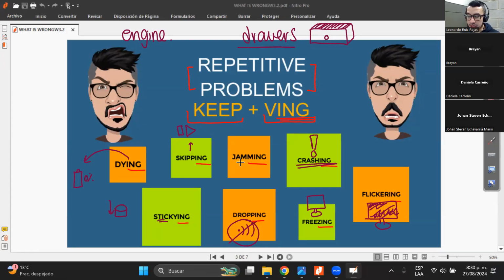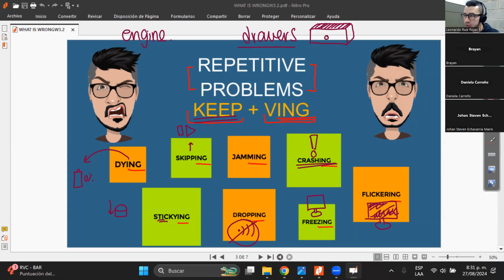Or for example, the jammed drawers: I can push the drawer inside, but when I take it out again, it's going to happen one more time, right? So that's why we use these problems with keep plus the verb in ing.